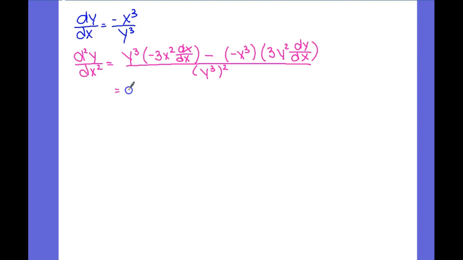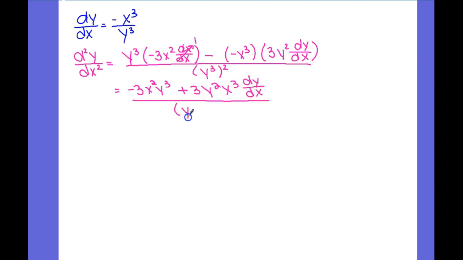So you get negative 3x y cubed. dx/dx becomes 1. We have a negative times a negative, so you get a positive 3y squared x cubed dy/dx, all over y to the 6.